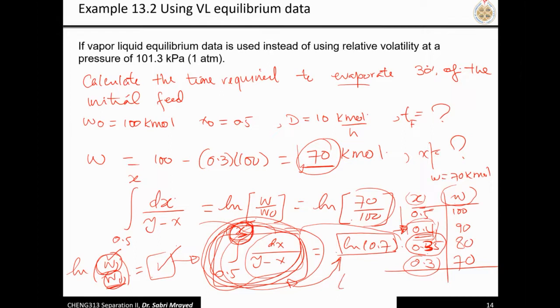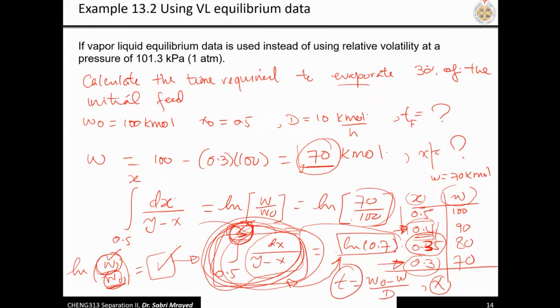The equation says time is equal to W0 minus W over D. What about the x? The x calculated here, the last one, is the x at this time. And you can calculate everything else.